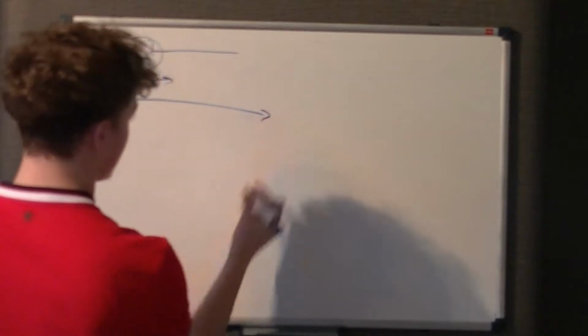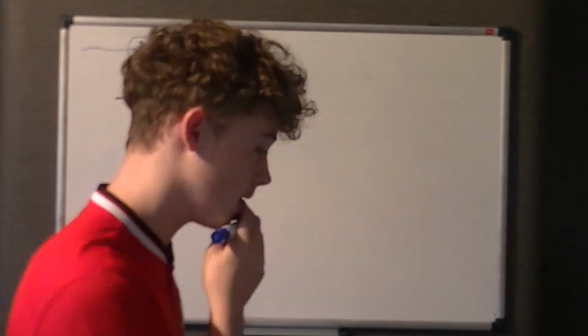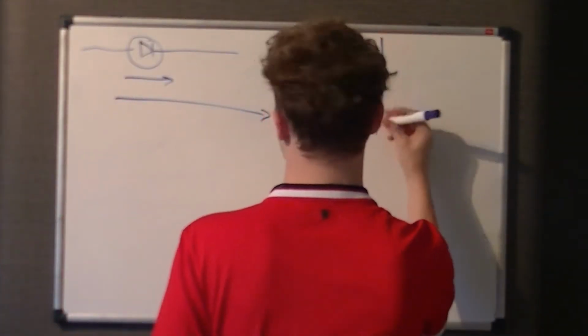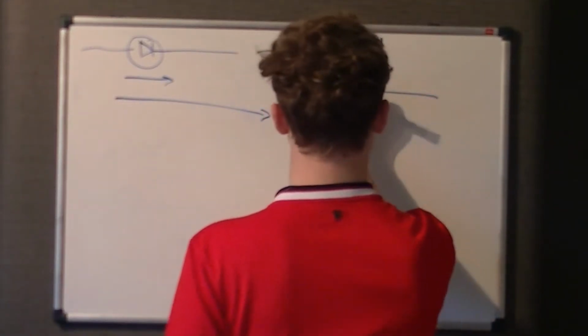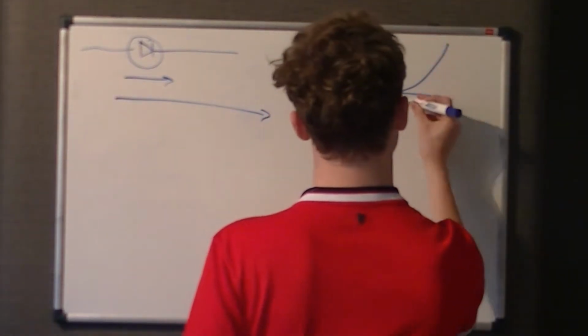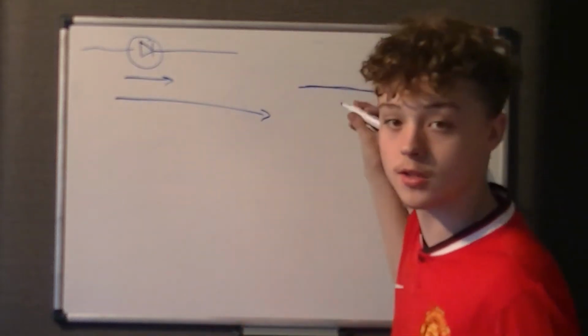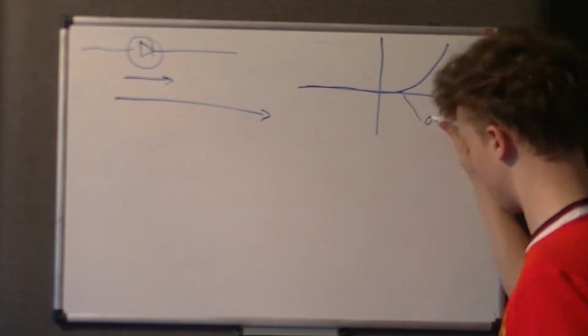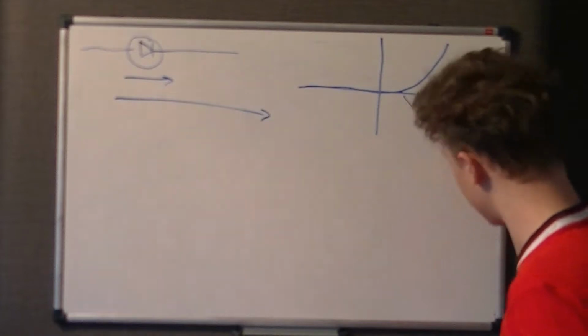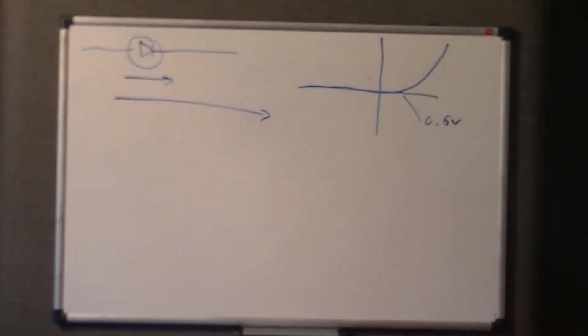Well, as we know, or hopefully I'm assuming you do, a diode only allows current to flow in one given direction. So if it's flowing in this direction, you know that because of the graph for a diode, it looks something like this. So when it starts to increase here, that is approximately something like 0.6 volts.